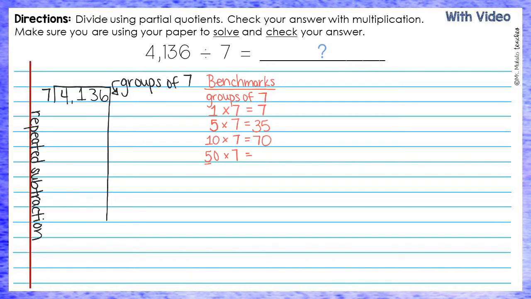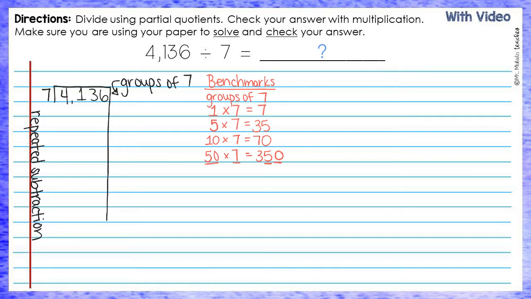So we know that 5 times 7 is 35, but this is 5 tens, so 35 is going to be in the tens place, so we need a 0 in the ones place. So 50 times 7 is 350.